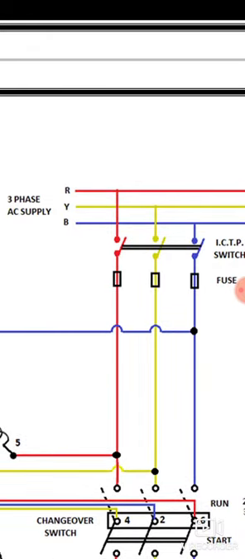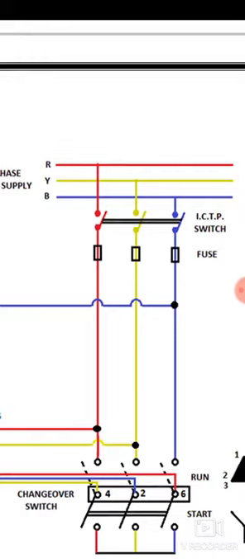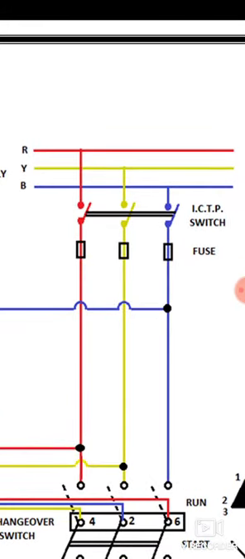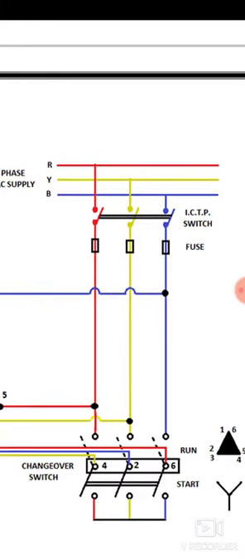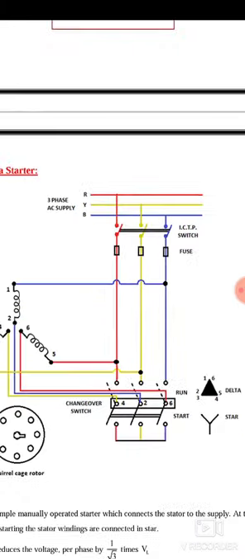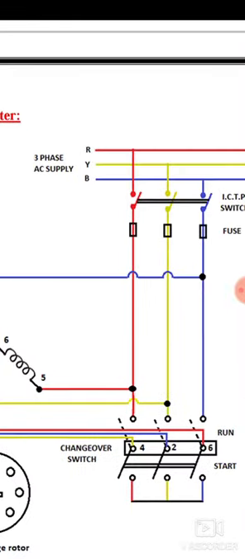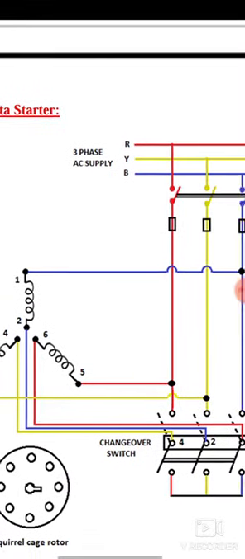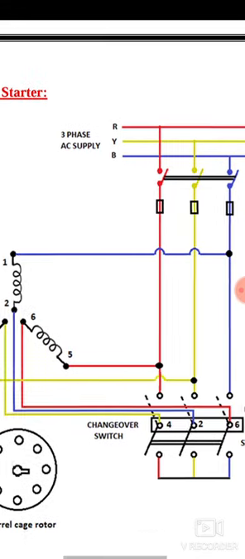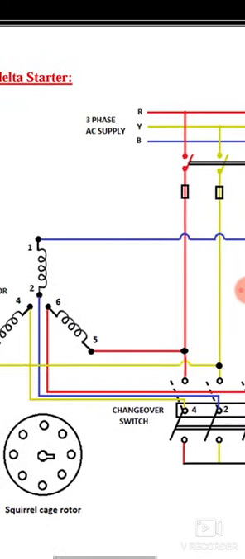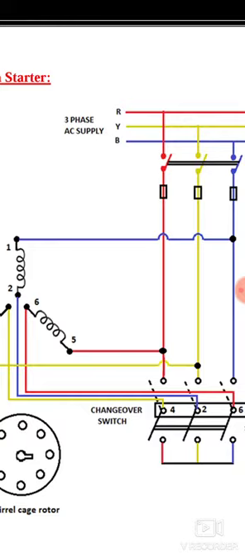The upper terminal is R, then Y and then B, connected with ICTP switch, which is ironclad triple pole switch, with a fuse individually connected in each phase. Now you can see that the blue terminal is connected to the top terminal of the winding, and the lower two windings are connected with R and Y.